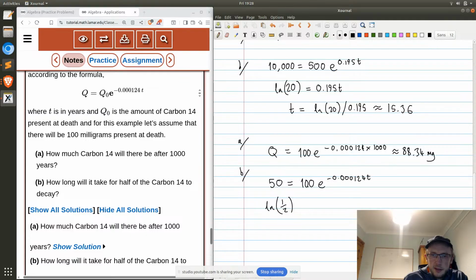I guess regardless of whatever the initial amount is, it will always be ln of a half, right? And so ln of a half must be very special. But anyway, we will divide it by this. And that will give us t.